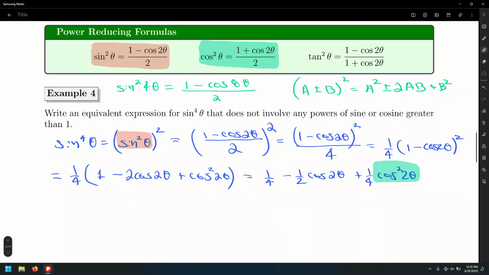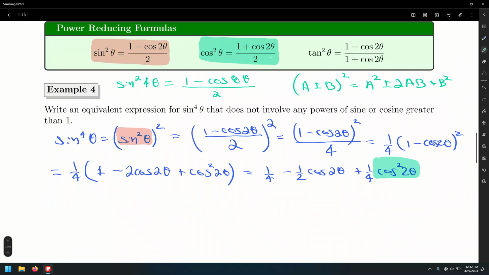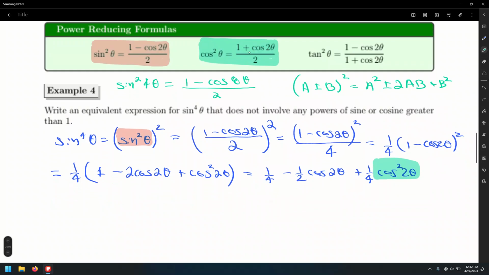However, the power reducing formula for sine has a minus in between, and the cosine function has a positive sign in between. That's a way to distinguish between the two. The reason why I mention this is because when you get tested on this, you will be expected to memorize these formulas. So just keep that in mind. Same formula, they just differ by the sign in between.